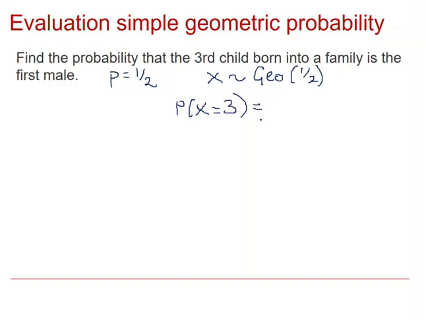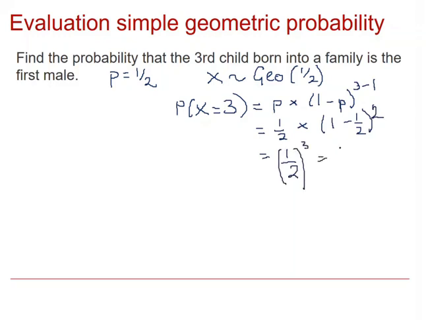And that, following the probability function that you looked at before, would be p multiplied by 1 minus p to the 3 take away 1. So we're having 1 success, 2 failures prior to that. So very simply here, that's a half, 1 minus a half squared, that's going to give us a half, all cubed. So the probability is 1/8 or 0.125.